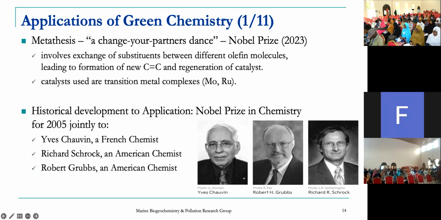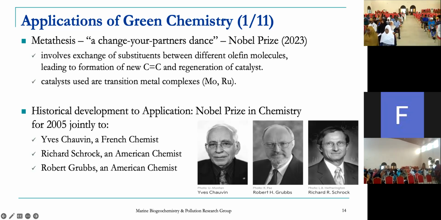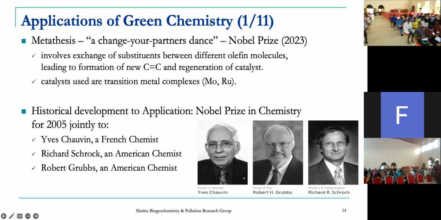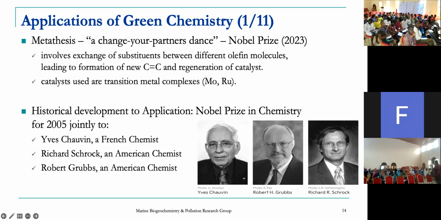Of course, say in agriculture, the use of biopesticides and eco-friendly fertilizers helps maintain ecosystem balance. Furthermore, green chemistry plays a very critical role in the development of cleaner and more efficient energy sources, such as biofuels and solar cells.